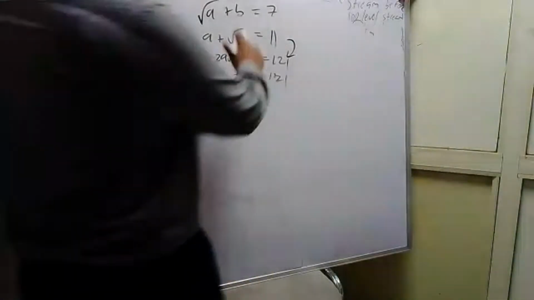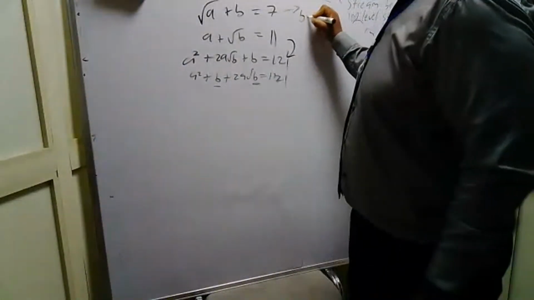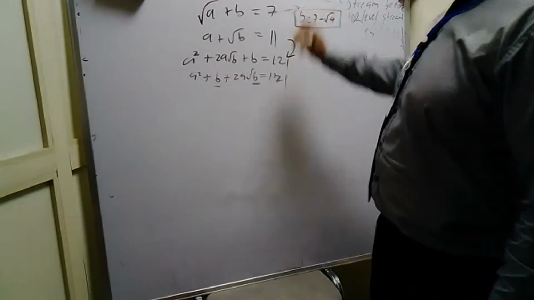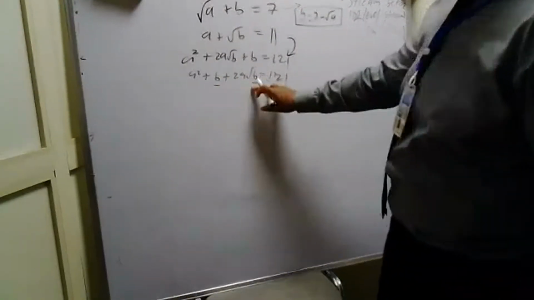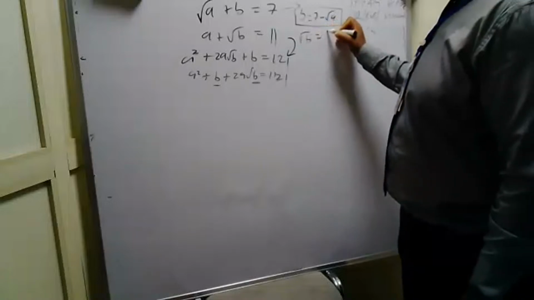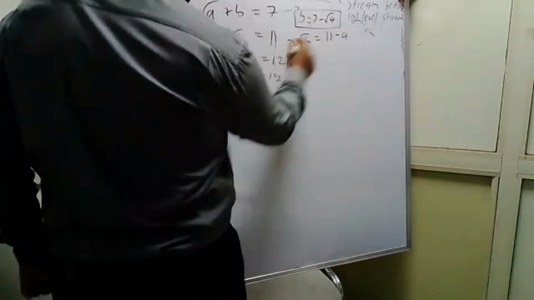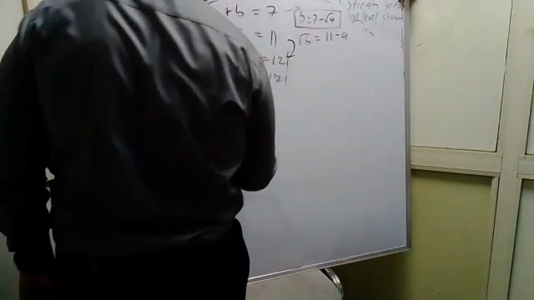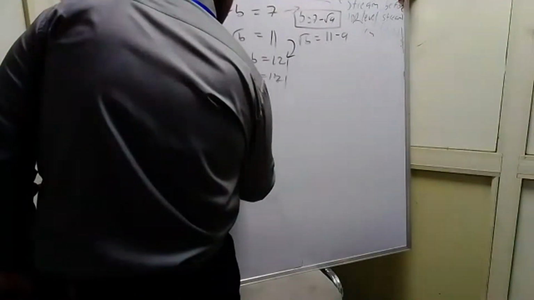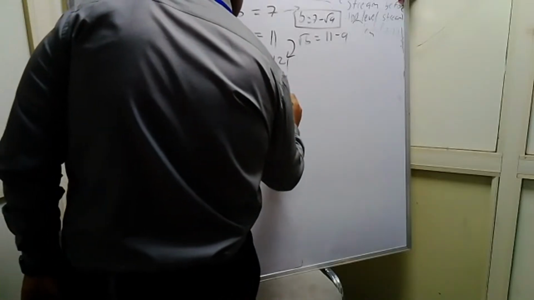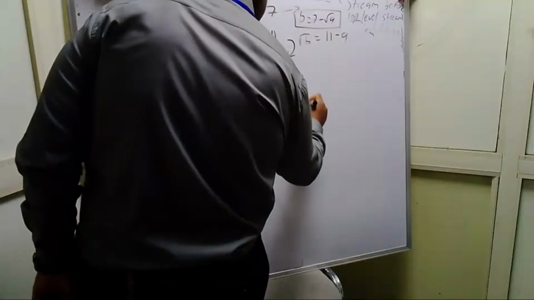From the first equation we have that b is equal to 7 minus root a. And from the second, we know that root b is equal to 11 minus a. So let's put all this information back inside here. That is a squared plus b, which is 7 minus root a, plus 2a root b, where root b is 11 minus a, is equal to 121.